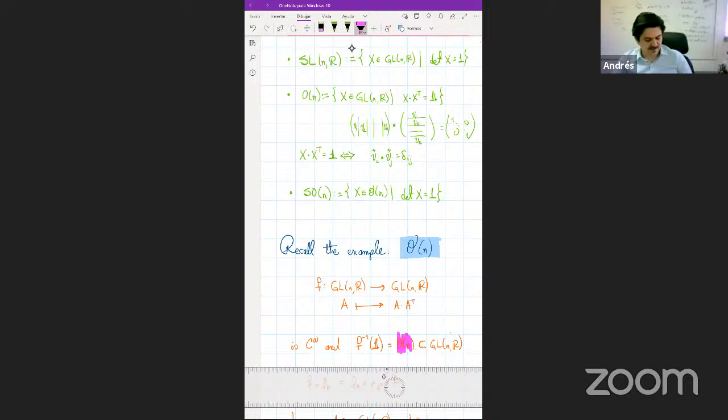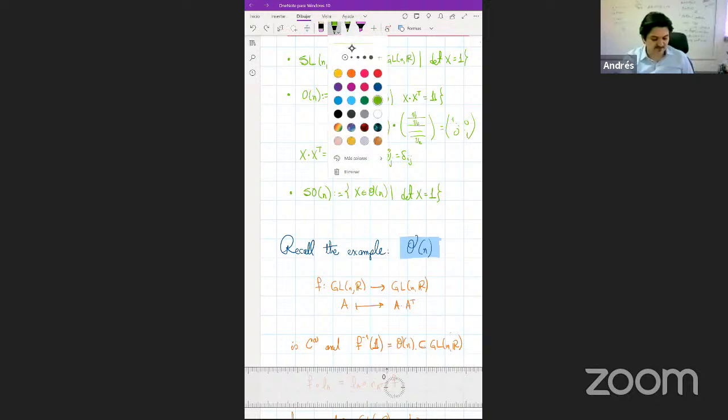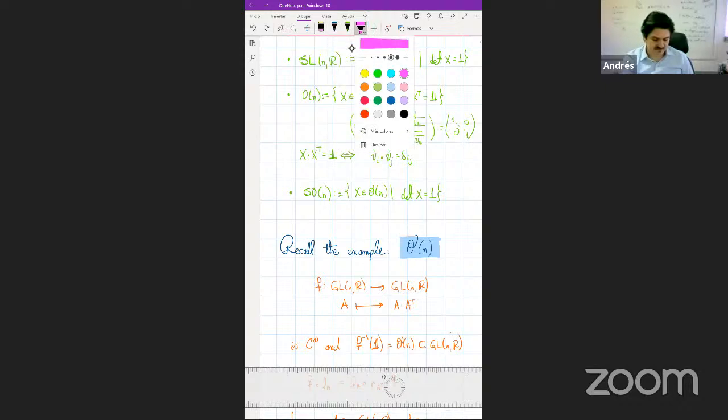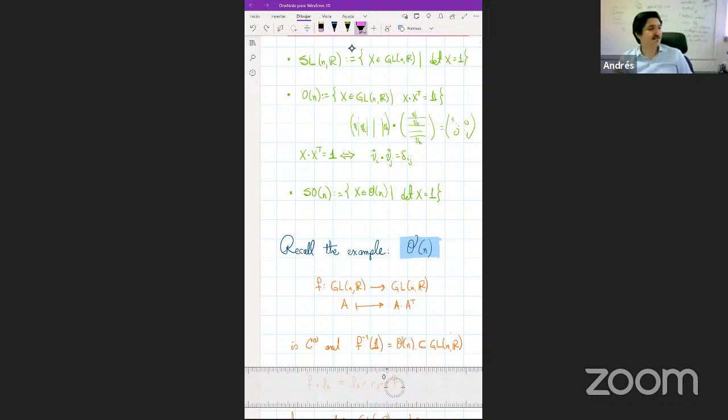So O(n) is not connected. Those are a few topological features of O(n): it is closed and not connected.